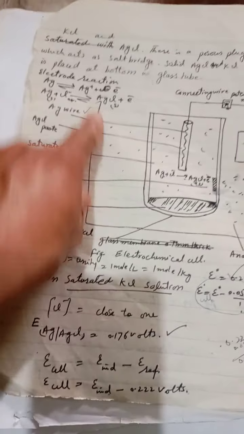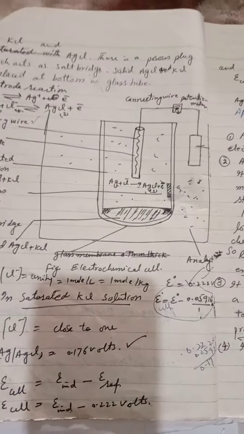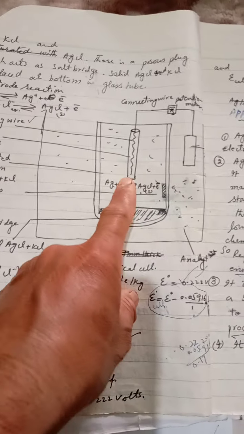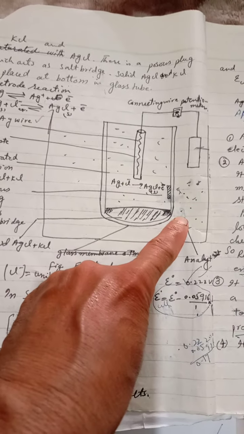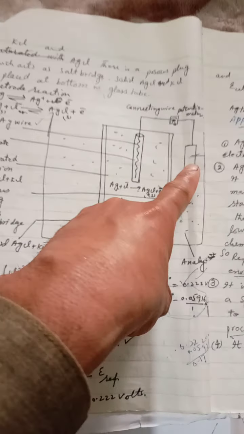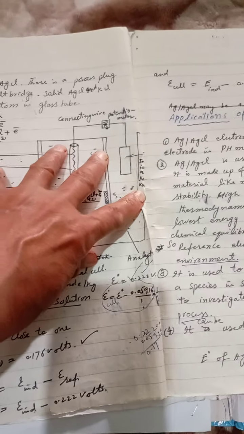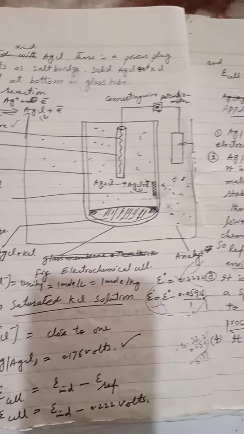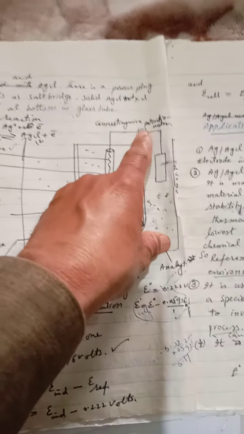This electrode is dipped in the beaker, which contains the analyte solution. This is the silver electrode, and this is the analyte solution. It is the indicator electrode. This voltmeter shows the potential developed.